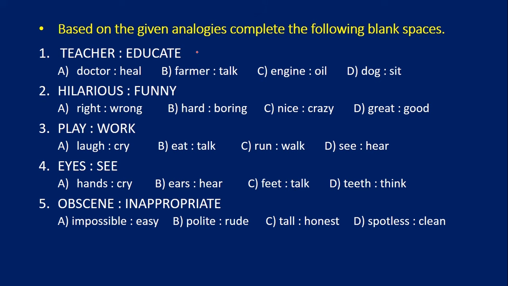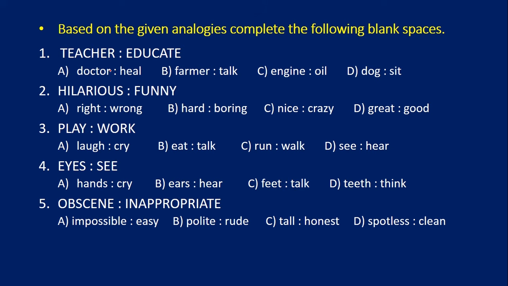So I'm gonna do the first one. If we say teacher to educate, which one makes sense? This is a profession and what he does. A professional and what his profession is and what he does. So we're gonna look for the same analogy.